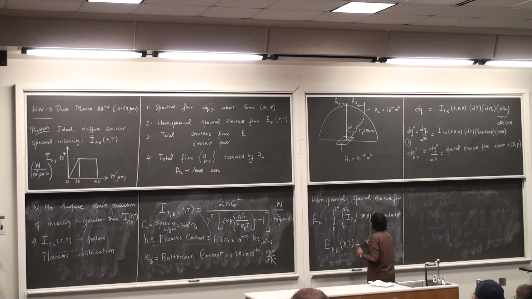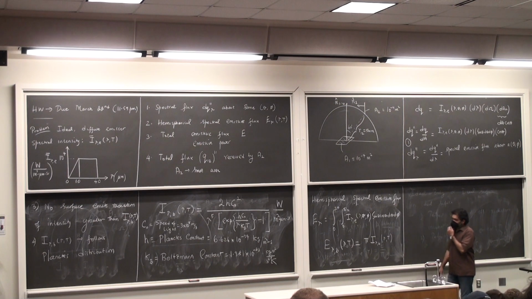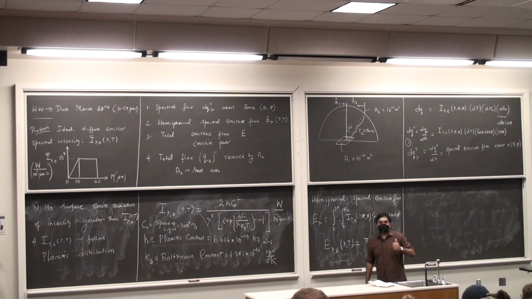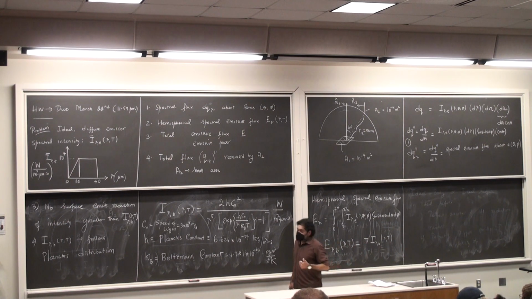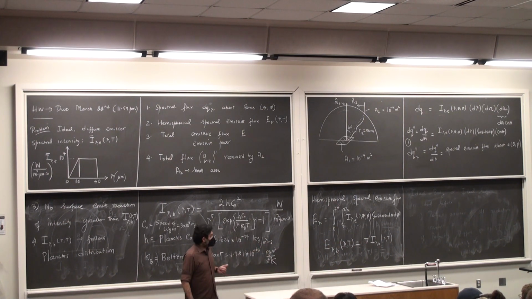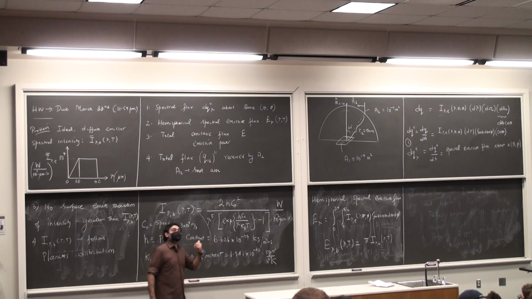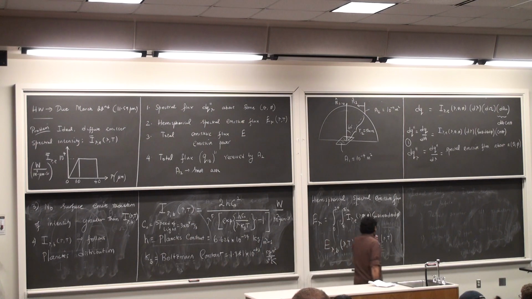This is going to end up as pi times I lambda comma B of lambda comma T. And this is called the hemispherical spectral emissive flux for an ideal surface. Now the nice thing is this. I take this creature, E lambda comma B, and integrate it all over the wavelength lambda. You know what happens?